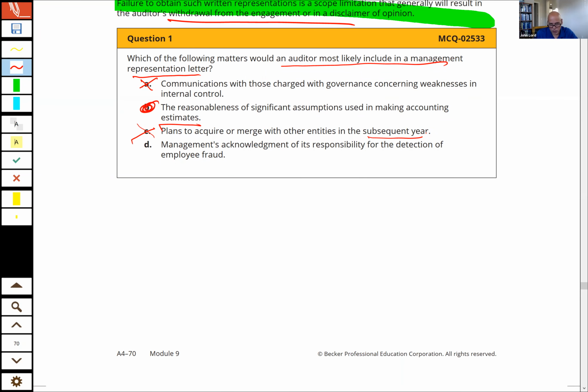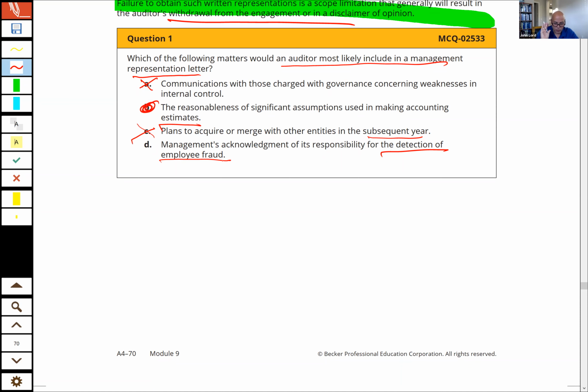D is the one that a lot of us chose as well, though, and that one's a little bit confusing. Management's acknowledgement of its responsibility for the detection of fraud. Nobody in the world can tell you, I am responsible for detecting fraud.